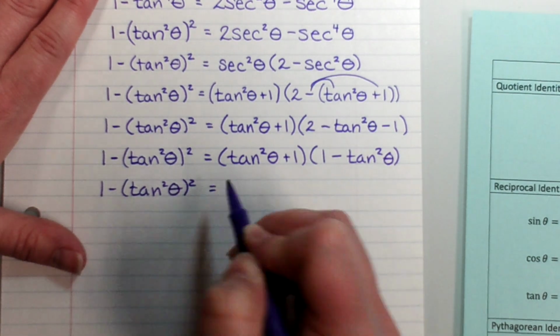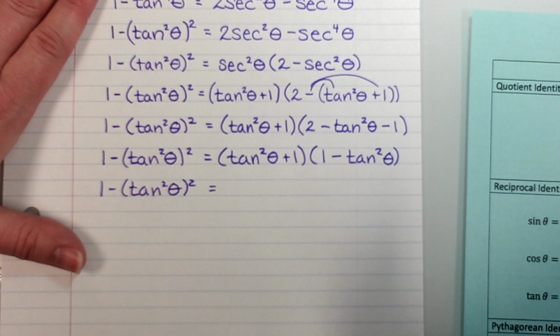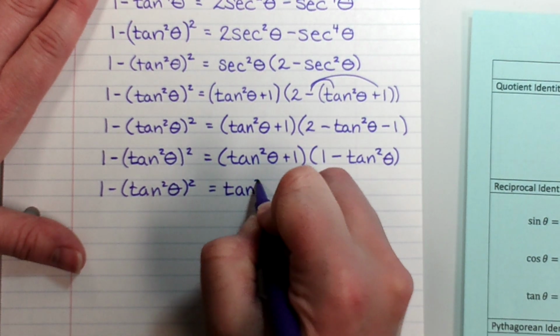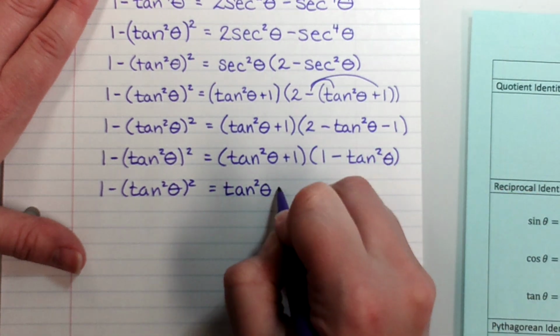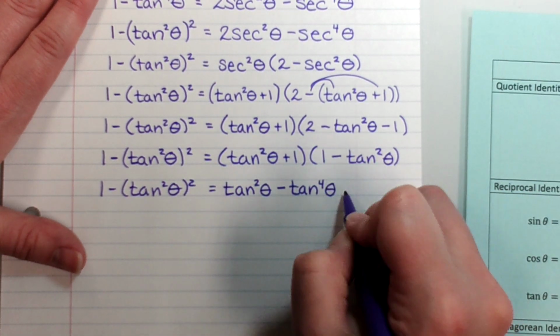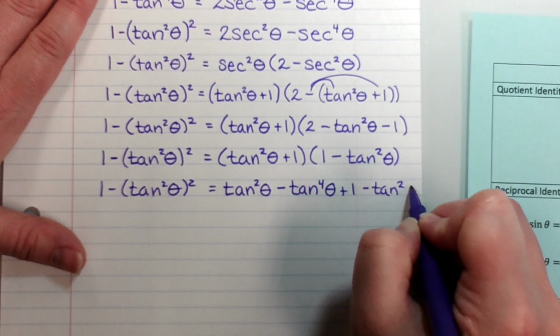Don't get me wrong, you could have distributed as was. It would have been more terms, and that didn't sound like fun. Tangent squared times 1 is tangent squared. Tangent squared times negative tangent squared is negative tangent to the 4th. 1 times 1 is 1. 1 times negative tangent squared is negative tangent squared.